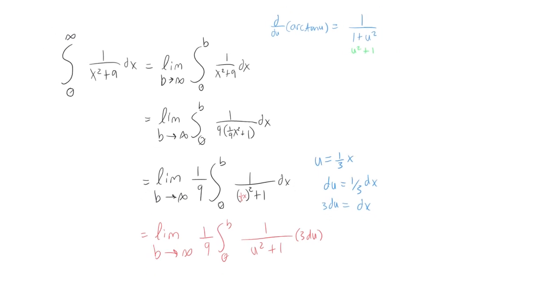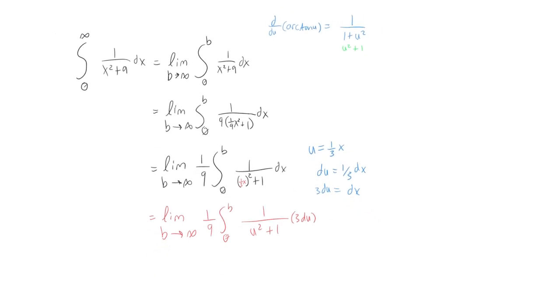At that point, I think my student would understand that that 3 could go out front. So this is going to become a 3 over 9, which is just 1/3. So that's going to be the limit as b approaches infinity, 1/3 from 0 to b, du.